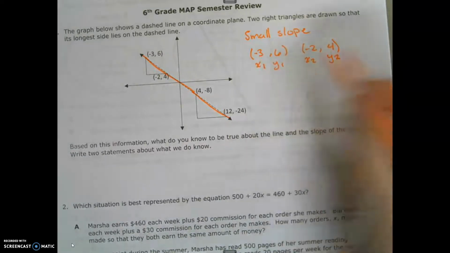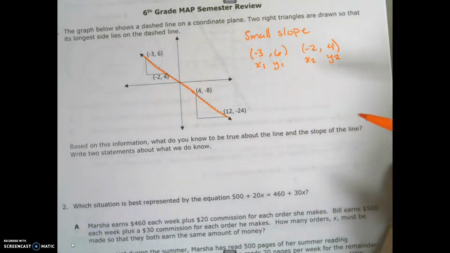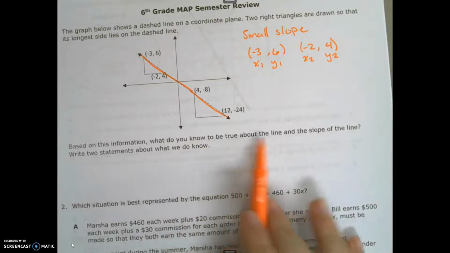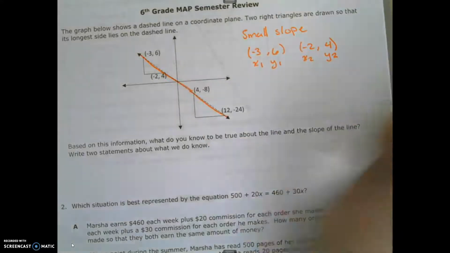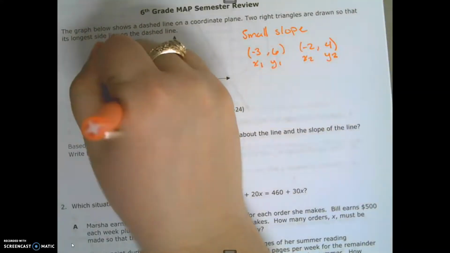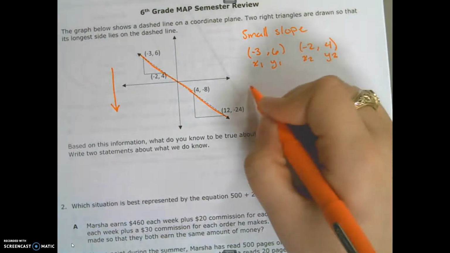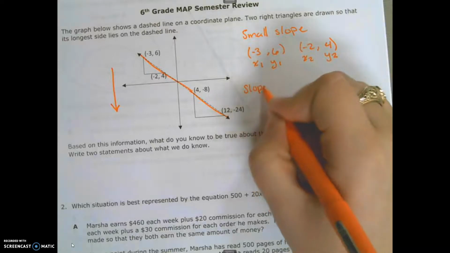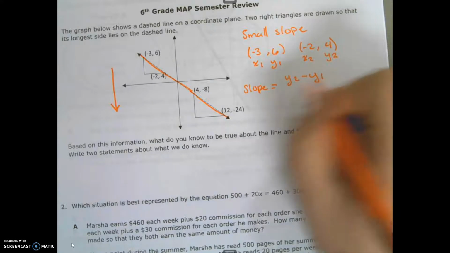We know that our slope is going downhill, correct? So that is one statement, and it says, what do we know to be true about the line and the slope of the line? We know it's downhill, therefore it's negative, and we can prove that by plugging this into the equation of slope equals y2 minus y1 over x2 minus x1.